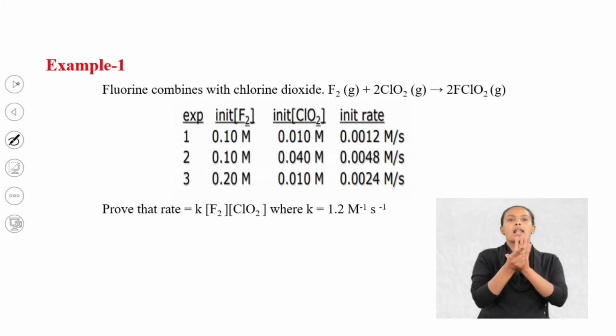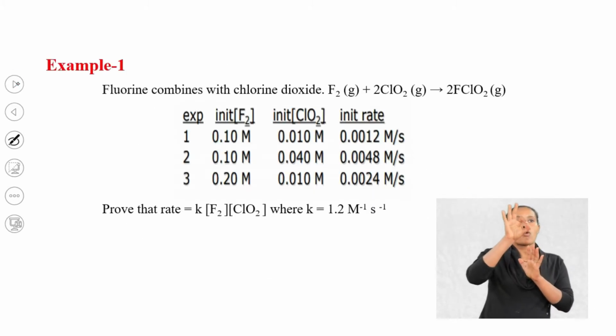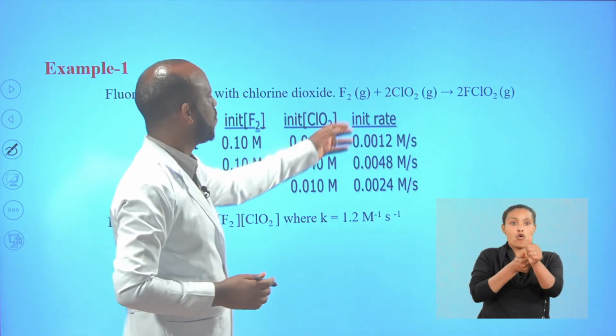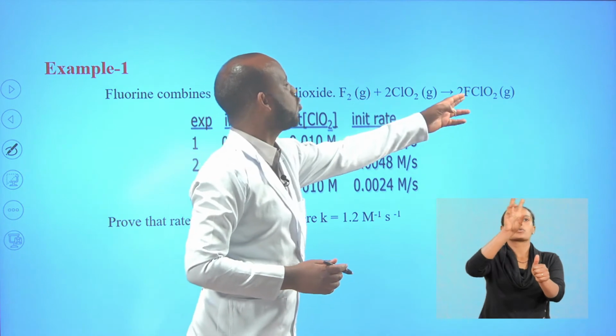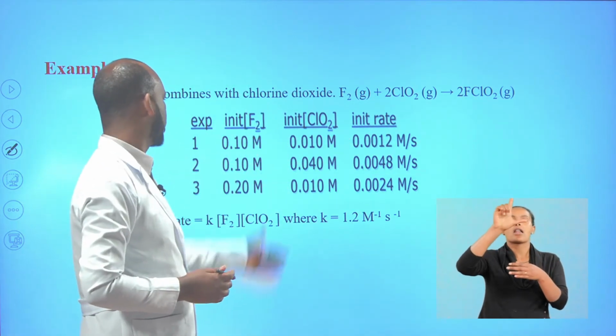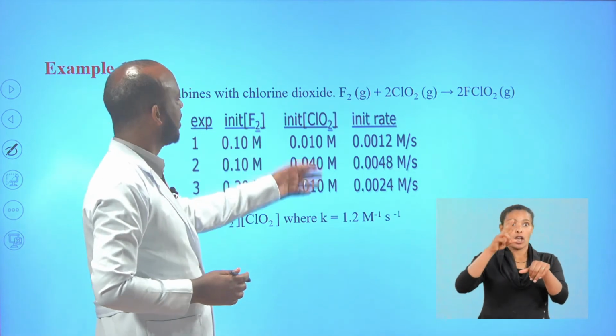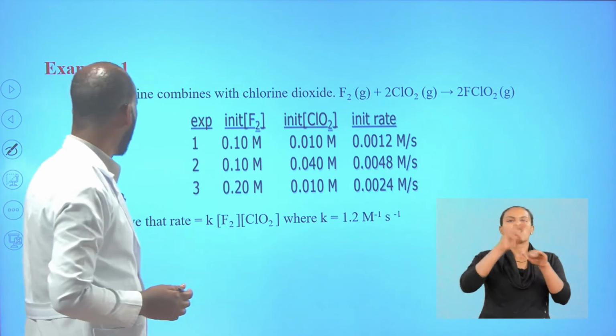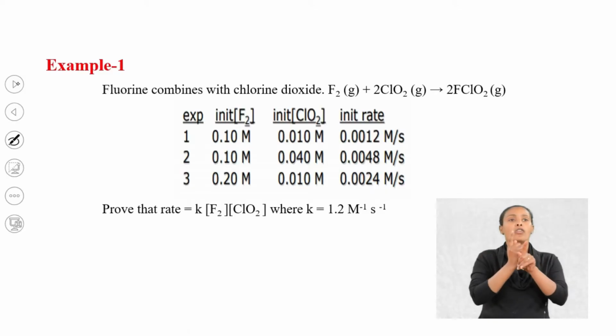Example: fluorine combines with chlorine dioxide as follows: F2 plus 2ClO2 to form 2FClO2. This table shows the initial concentration of F2, initial concentration of ClO2, and initial rate. Prove that the rate of this reaction is K times concentration of F2 times concentration of ClO2, where K is 1.2 per molar per second.